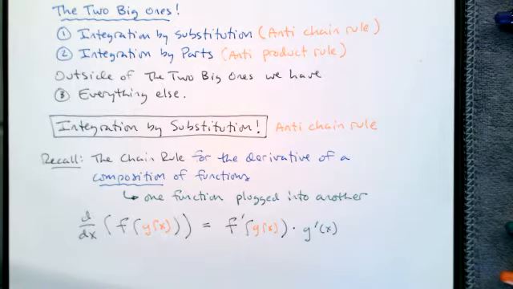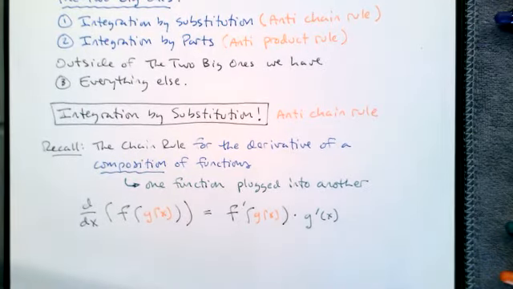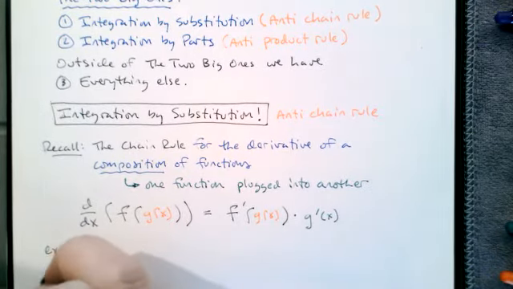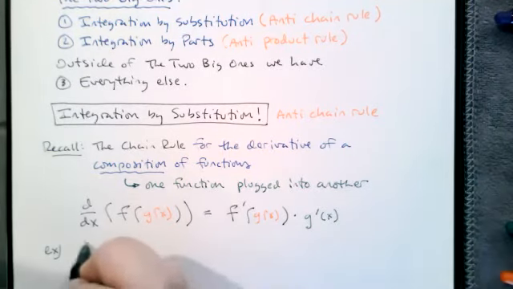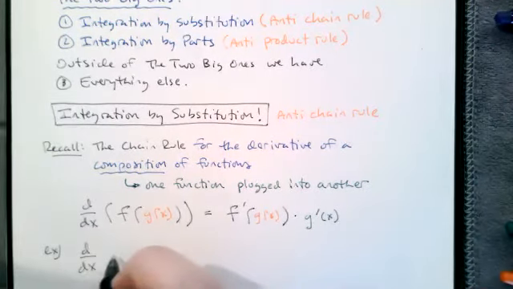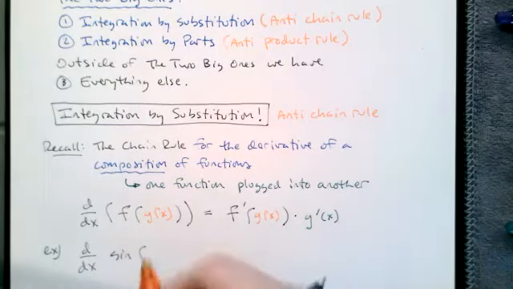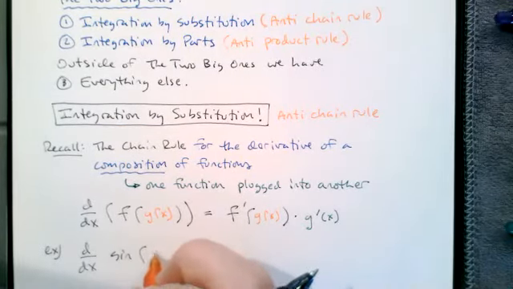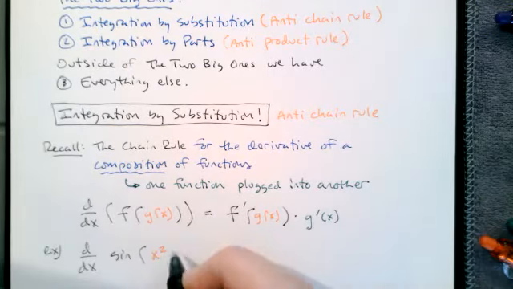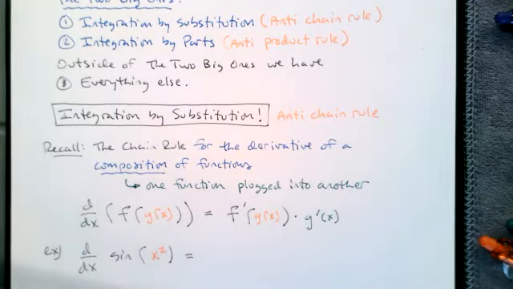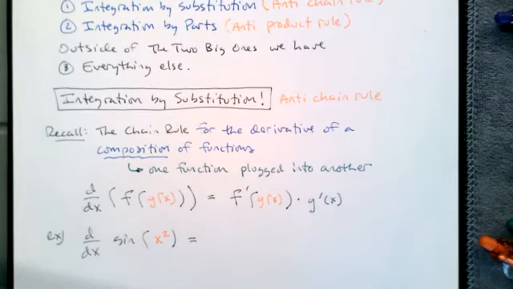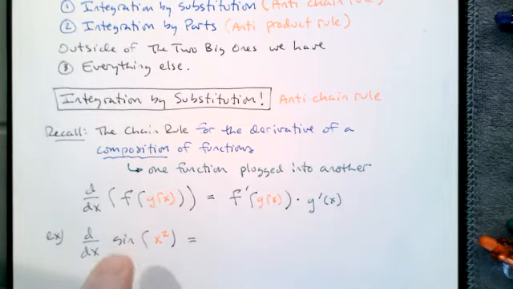For example, if I wanted to take the derivative of a composition, let's suppose I want to take the derivative of the sine of x squared. So in this case, the outside function is sine and the inside function is x squared. We take the derivative of sine with respect to x squared.